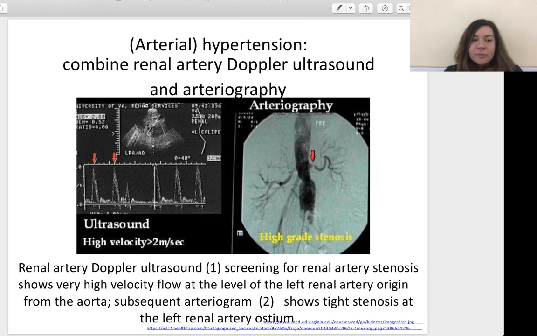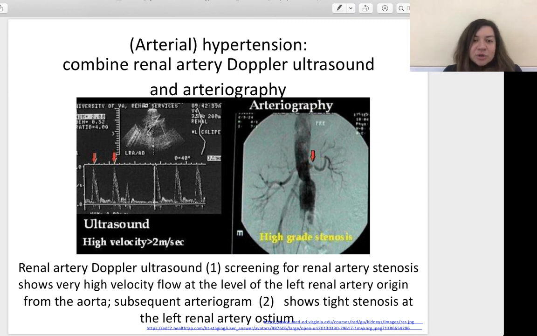What else can we do? If we suspect renal artery stenosis as a cause of secondary hypertension, we can do a combined renal artery Doppler ultrasound and arteriography. Here you see the pictures of the results of this investigation, and you see visualization of renal arteries.